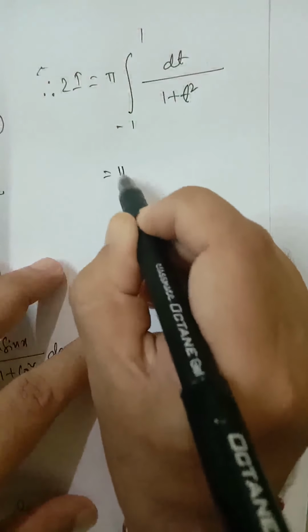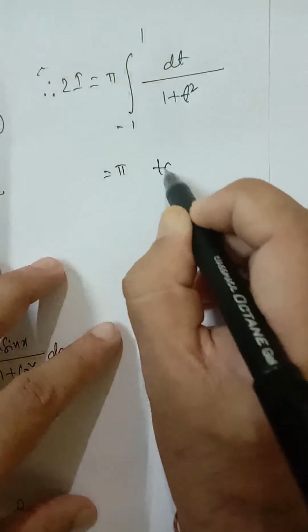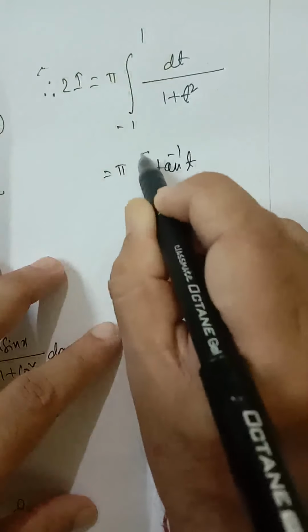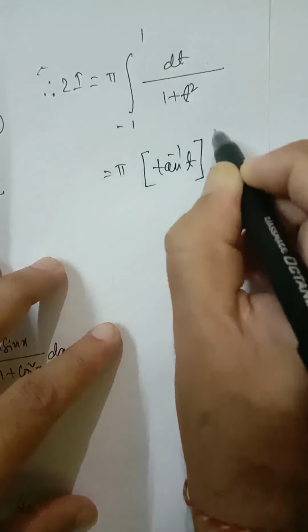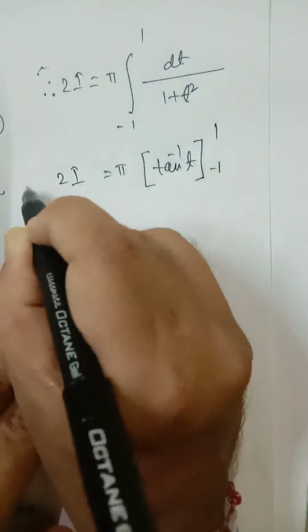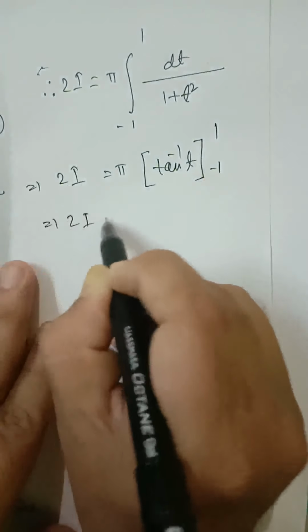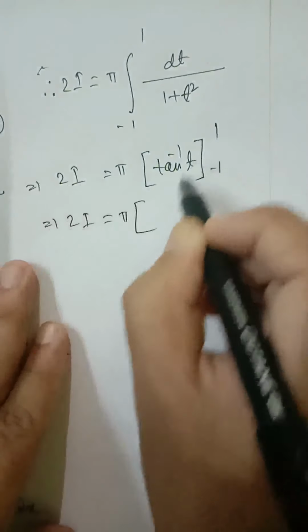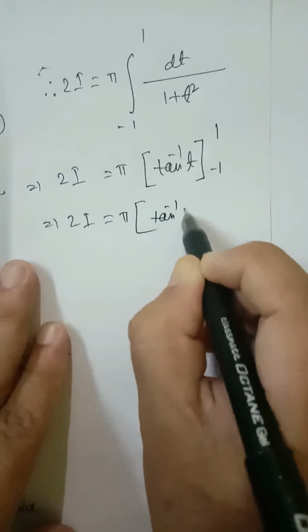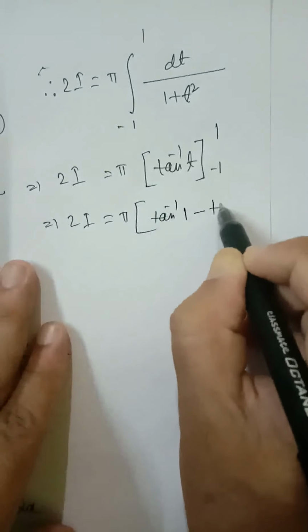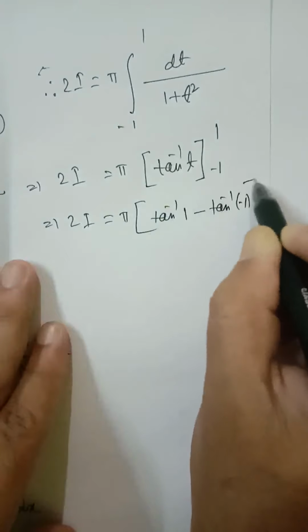Now integration of dt by 1 plus t square is tan inverse of t. The limits will be from minus 1 to 1. First we'll put t equal to 1: tan inverse of 1 minus tan inverse of minus 1.